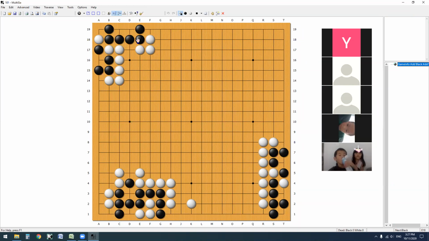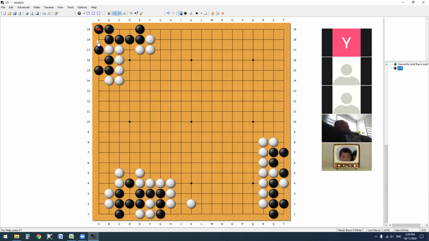Not exactly, because I was asking, is this group alive or dead? The answer is dead. When we say a group is dead, that means even if black goes first, it's still dead. So even if you capture this stone, this group is still dead because this is a false eye here.